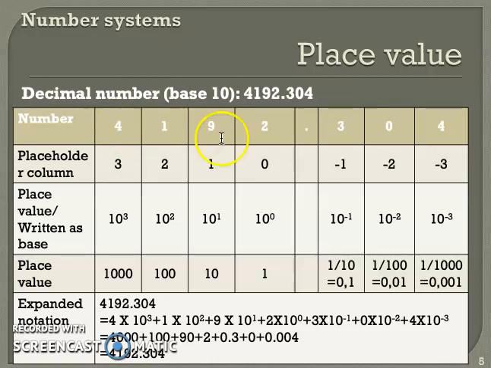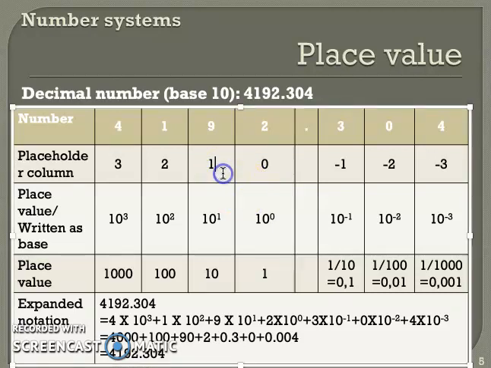In terms of place value, in the decimal number system, this is 10 to the power 0, 10 to the power 1, 10 to the power 2, and 10 cubed, which is 1000. And that's 100, and that's 10, and that's 10 to the power 0, which is 1. After the point, 0.3 is 10 to the power minus 1, 10 to the power minus 2, 10 to the power minus 3. That's where it's written out here.